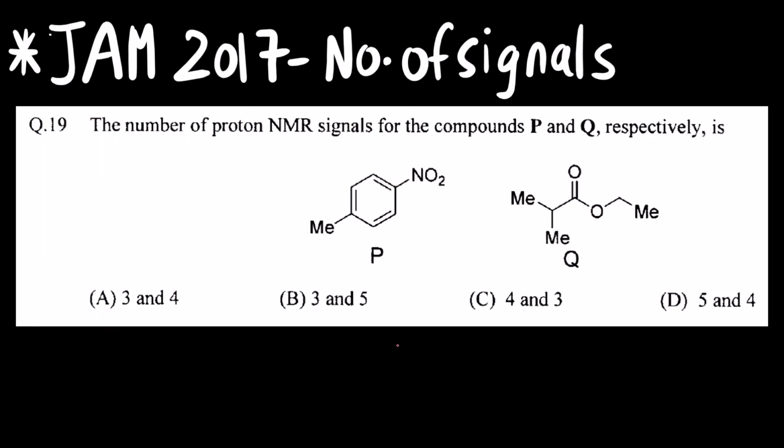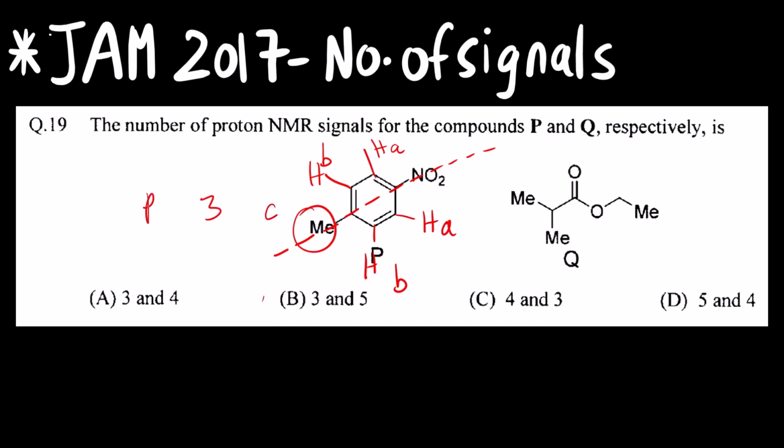The last one: calculate the number of signals in P and Q. Here, is there any plane of symmetry present? The answer is yes. This is the plane of symmetry. So this one will be A, this one A, this will be B, B, and this methyl will be C. So in P there are 3 signals. In Q, is there any plane of symmetry present?